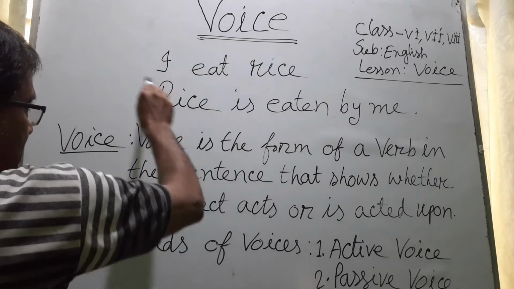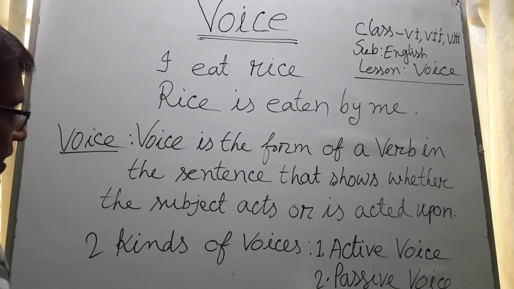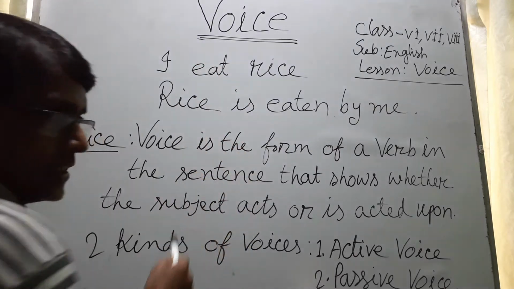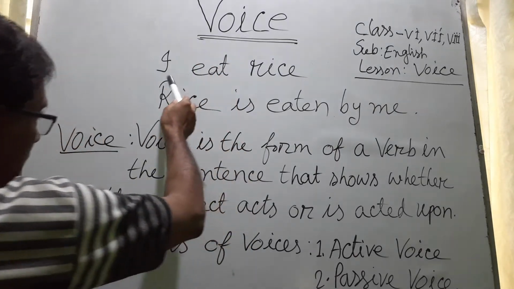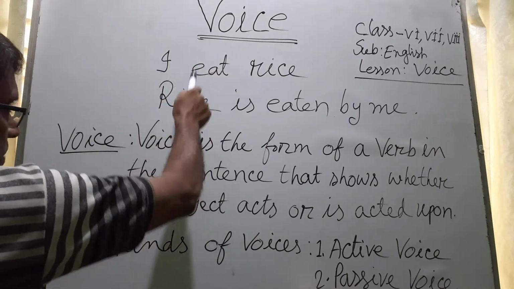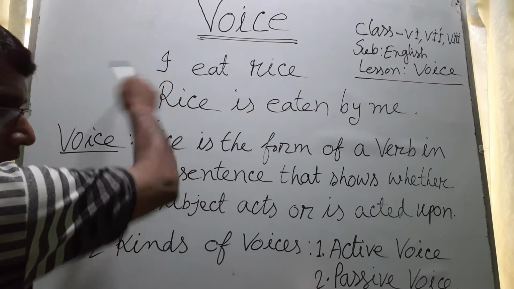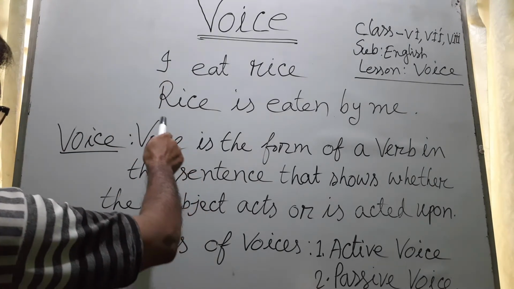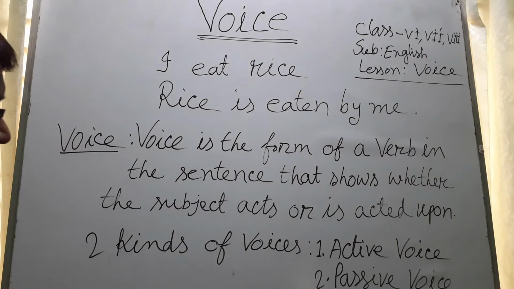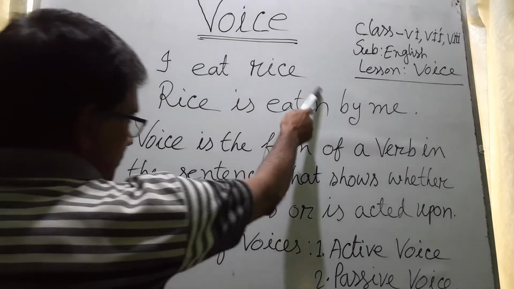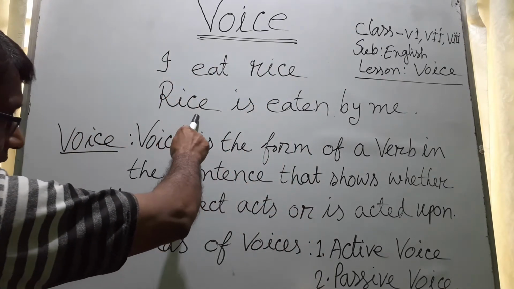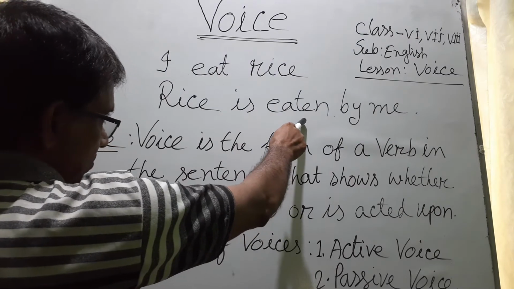Here the subject acts, and the action of the verb eat is accomplished by I. And in another sentence the action of the verb is done upon the subject. That means rice is eaten.